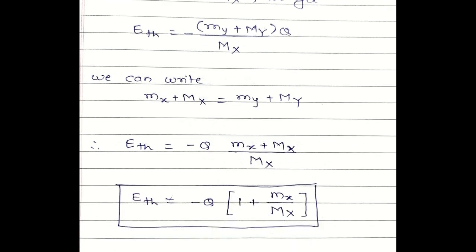So this is the expression we have obtained for the threshold value of energy, that is the lowest amount of kinetic energy of the projectile that is required for an endoergic nuclear reaction to carry out.